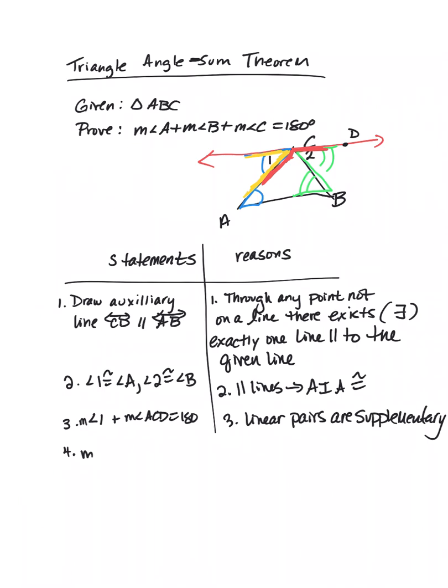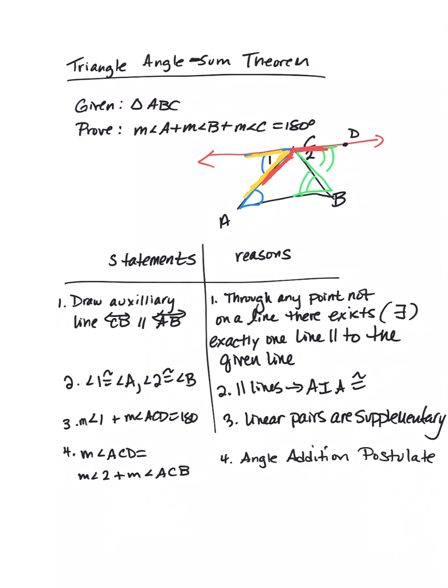So the measure of angle ACD, which is that red angle up there, is equal to the measure of angle 2 plus the measure of angle ACB. And the reason for that is that you have two angles that add up to an angle. So we're just going to call that angle addition postulate.